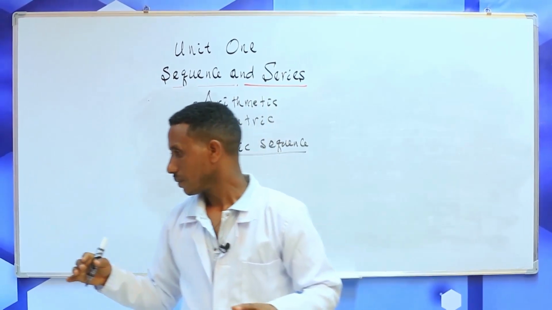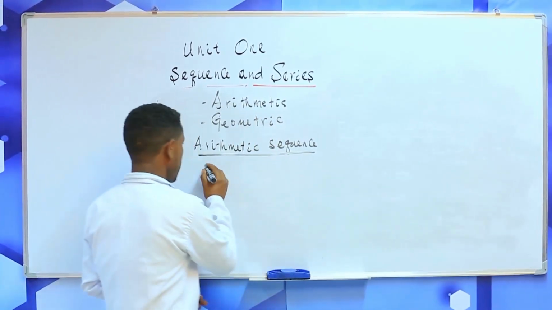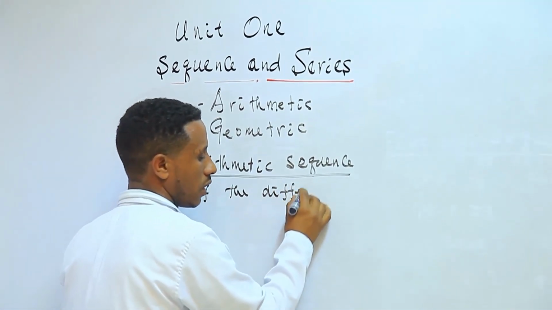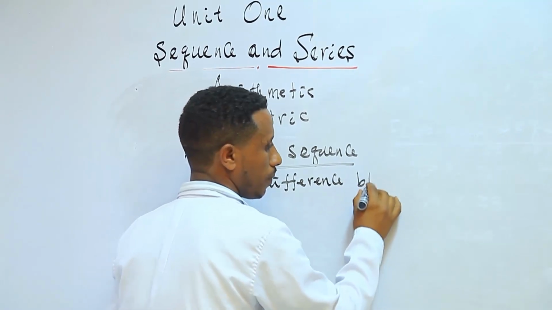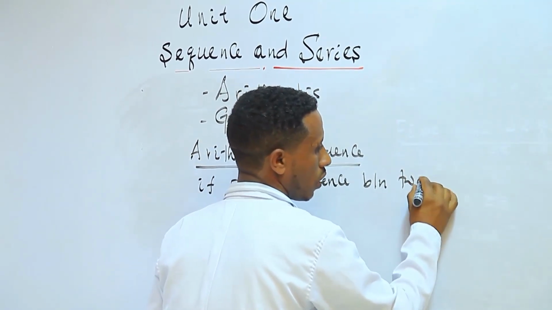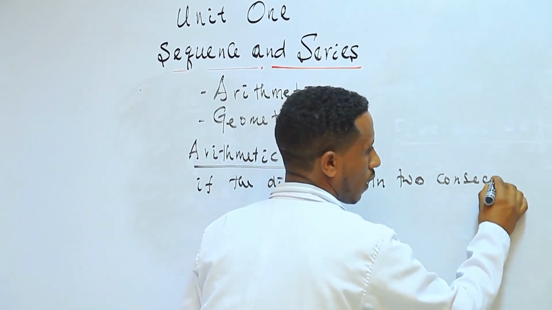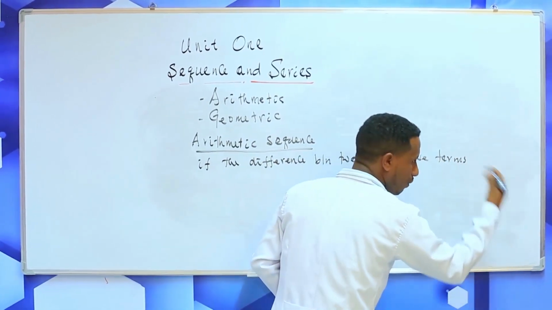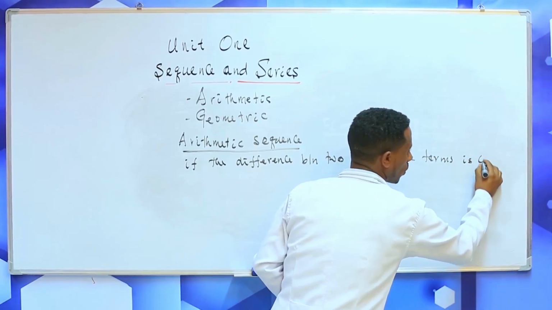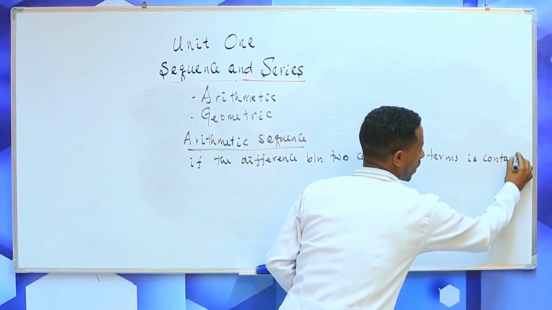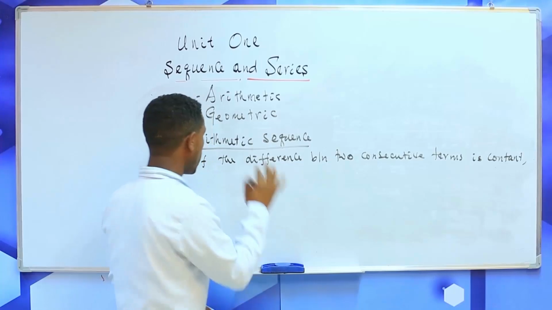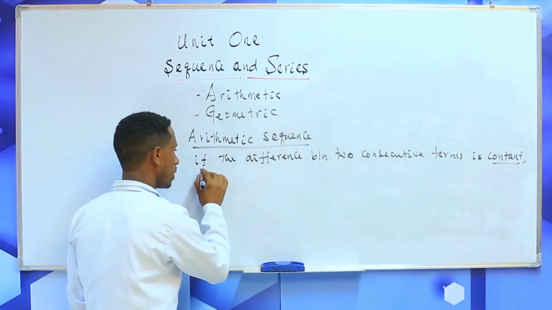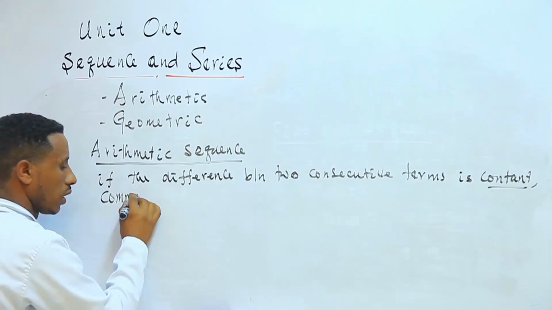That is, if the difference between two consecutive terms of that sequence is constant or the same, that sequence is said to be arithmetic, and we call this constant the common difference.